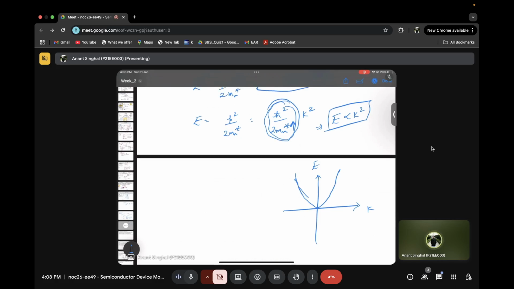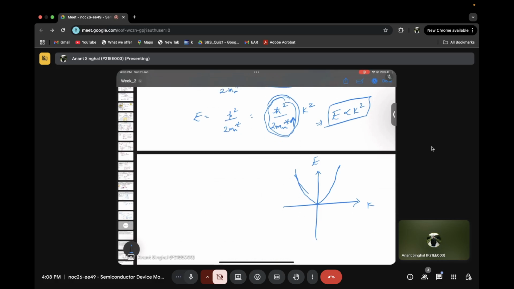By slope, I mean the differentiation. So let's do that too. If I do the differentiation with respect to the x-axis, d by dk, this would be nothing but h cross square by mn times k. And if I do the double differentiation, it would be h cross square by mn.